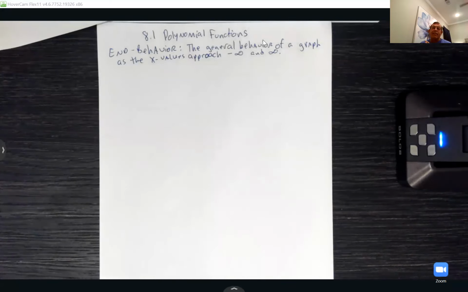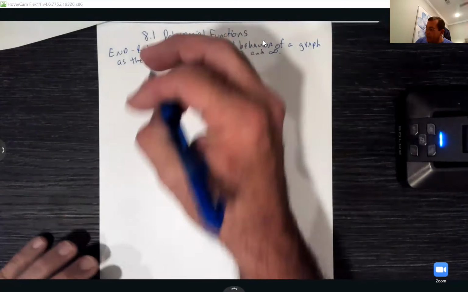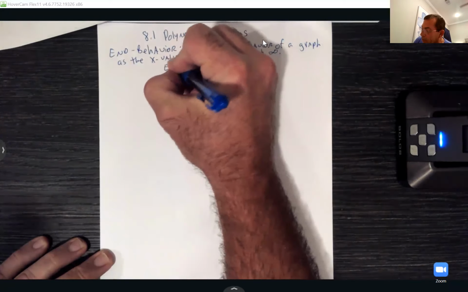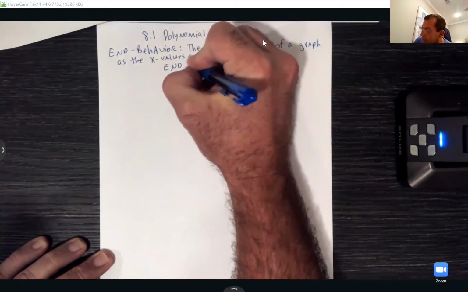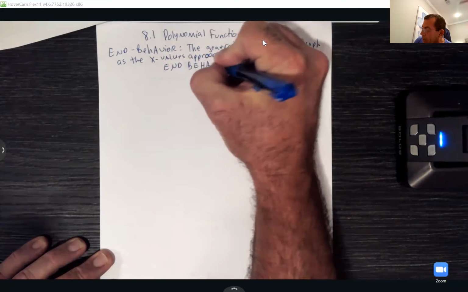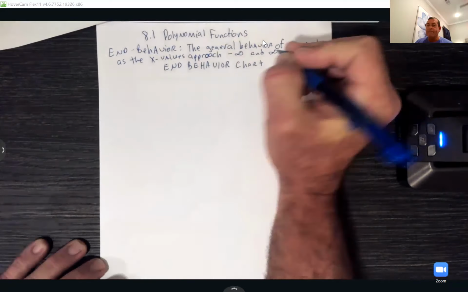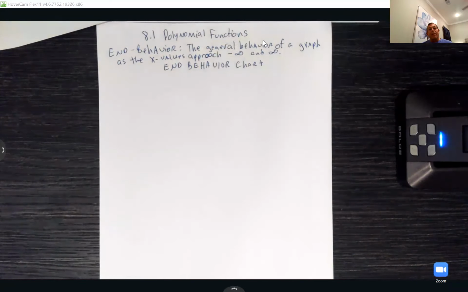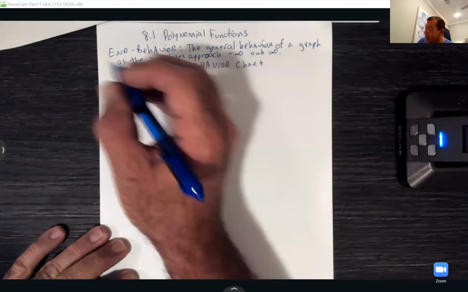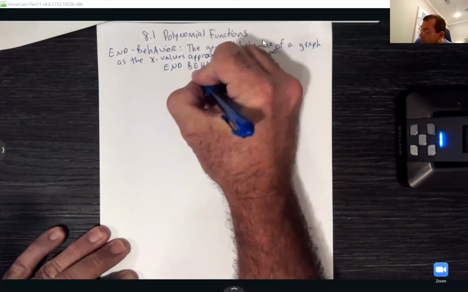All right, and there's basically four different shapes these graphs can take in the big picture. So we're going to make a chart, and this will be our end behavior chart. So y'all, what determines the end behavior is the polynomial. So one header will have our degree.